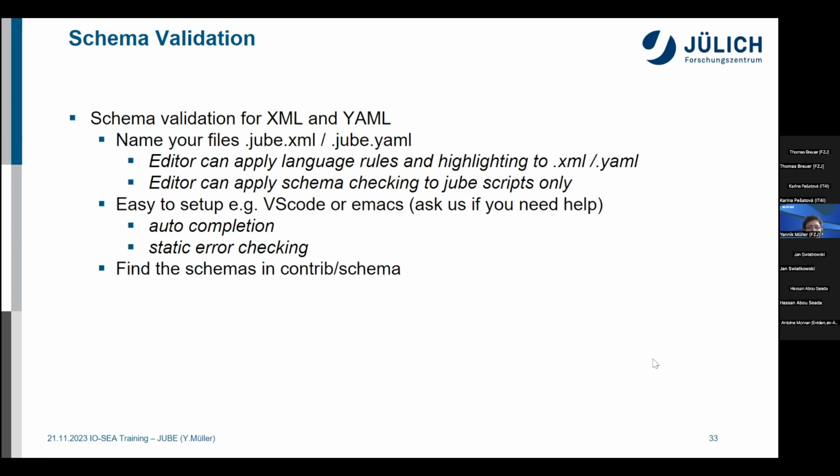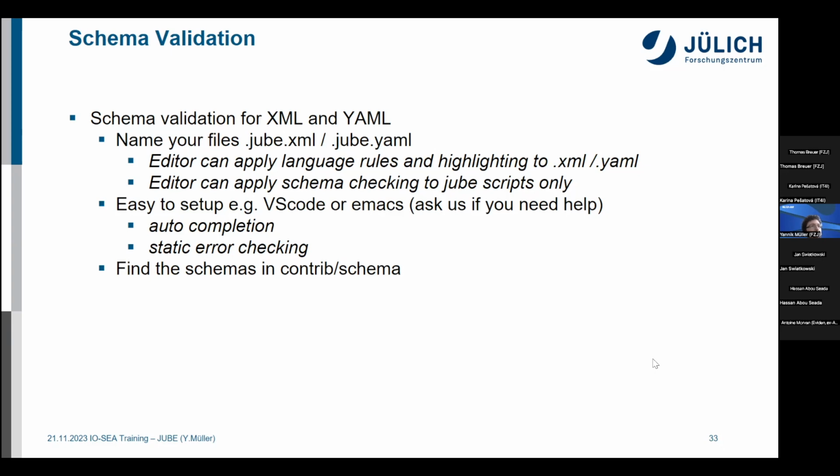I mean, common mistakes are probably something like parameter set or parameter sets. You just forget about it, or maybe you have an attribute that you use in a tag where it doesn't exist in this tag, but you thought you could put it in the wrong tag or something like this. Then it will highlight this. Also, you get auto completion, so you'll just be quicker.